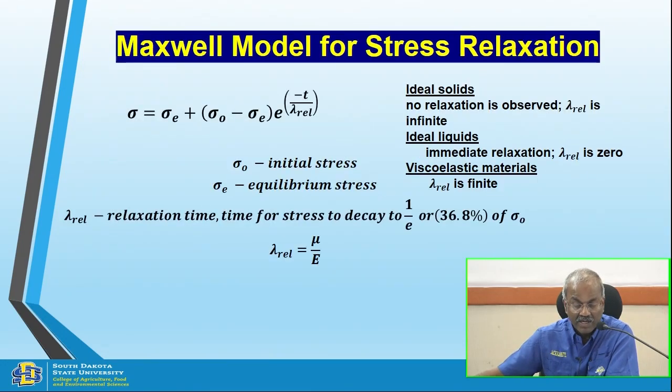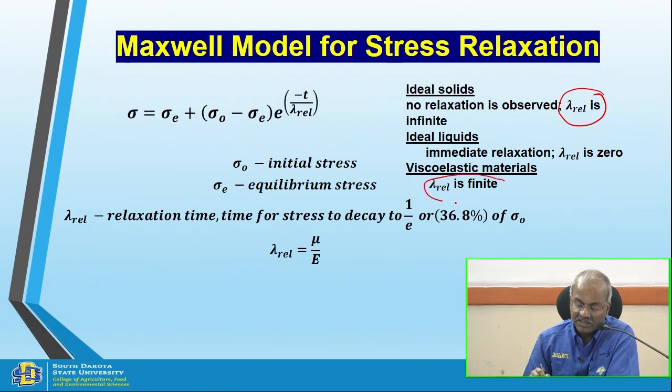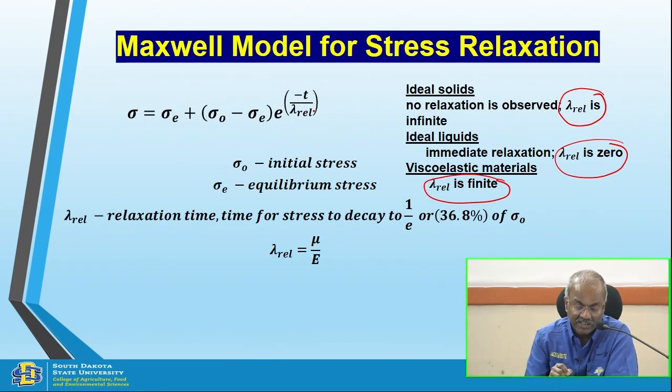In a similar way you can analyze it. Ideal solids, no relaxation is observed, so relaxation time is infinite here, and viscoelastic material relaxation is finite. For ideal liquids, relaxation is immediate, so it is 0. So it goes from infinite to 0, and that's why viscoelastic is finite. If you look at the stress relaxation data, because it's a constant deformation, you are following the stress relaxation.